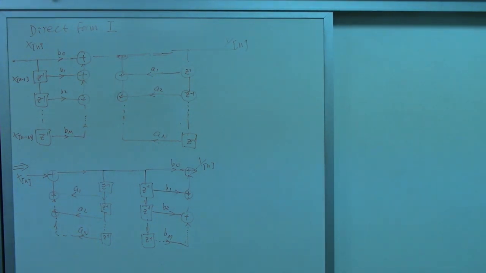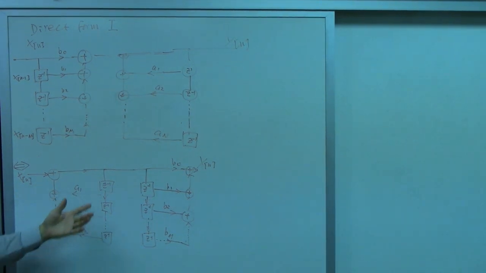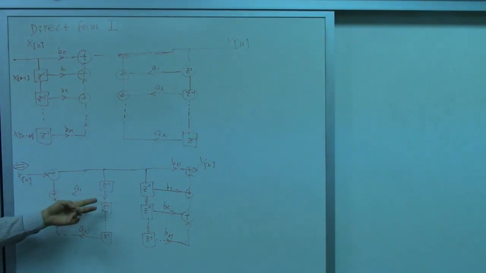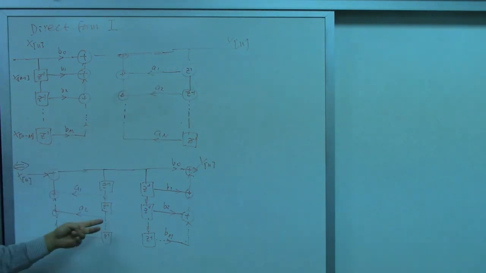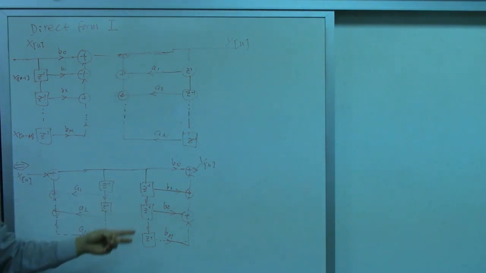Questions on that? This is equivalent to this, yes or no? But all the arrows and all the coefficients must be like this. So A1 is in this direction, A2 is in this direction here, and delays like this. It's good? So you believe these two are equivalent, right?